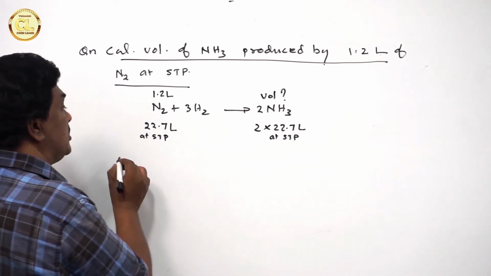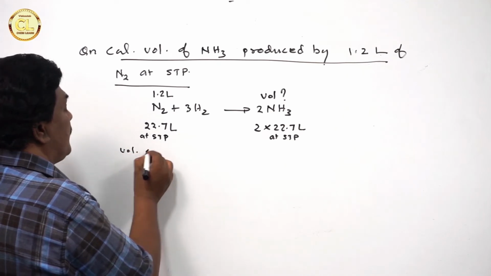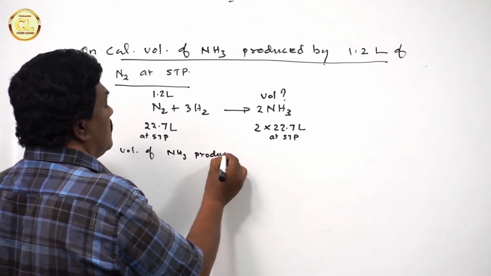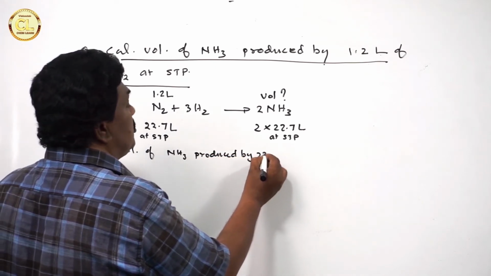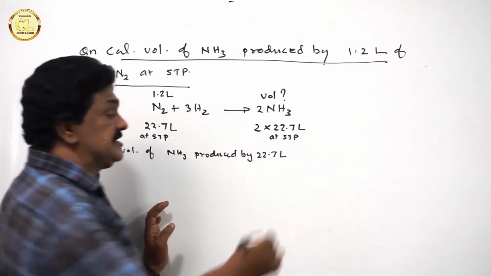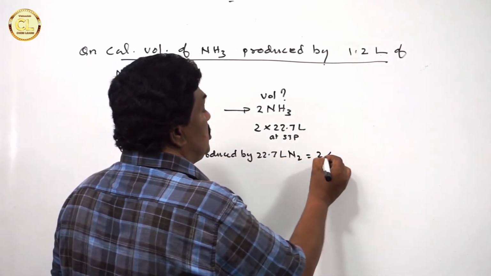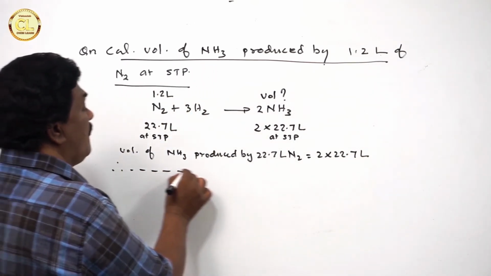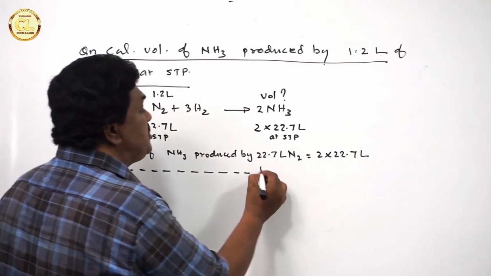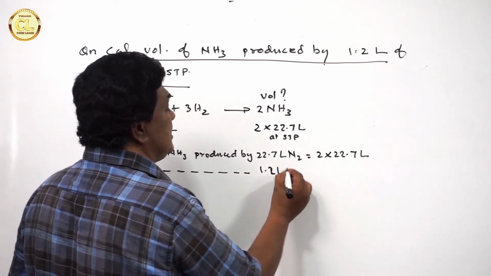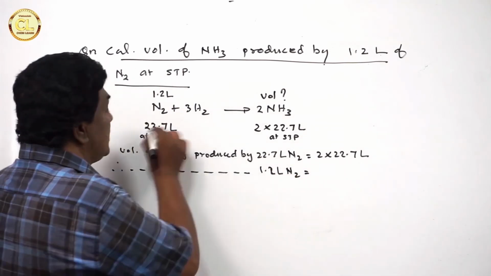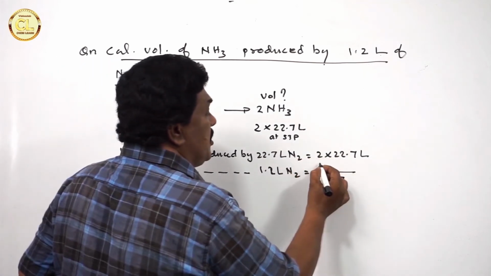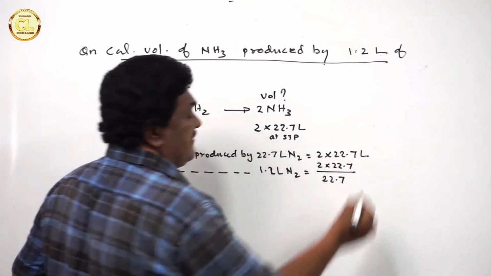Step 4, calculating the volume of ammonia produced by 22.7 liter nitrogen is equal to 2 into 22.7 liter. Therefore, the volume of ammonia produced by 1.2 liter nitrogen is equal to, for 22.7 liter, the volume produced is 2 into 22.7.